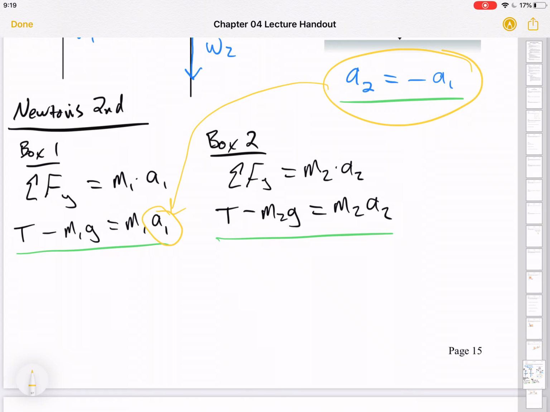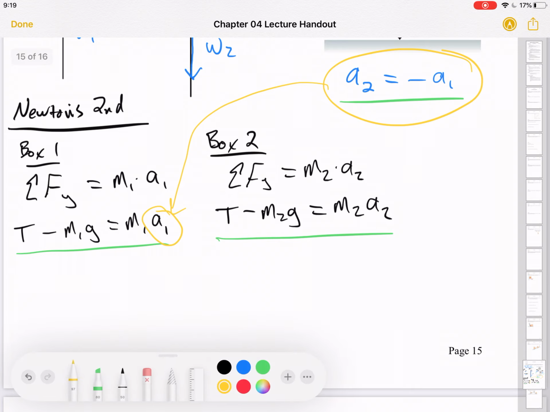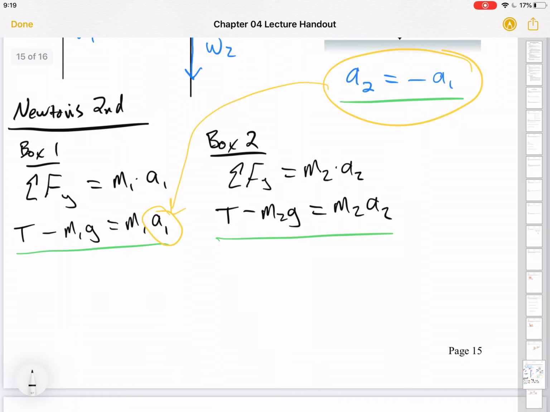All right, again, at this point, whatever your favorite method for solving systems of equations is fine. But what we care about is A2. I can solve for A1. It's going to be the same thing, but negative. Or I can solve for that tension, but I don't care what the tension is. I just need A2. So again, my method here will be to solve the two bottom equations for t, and then set the equations equal to each other.